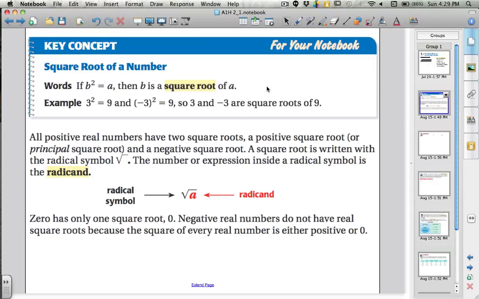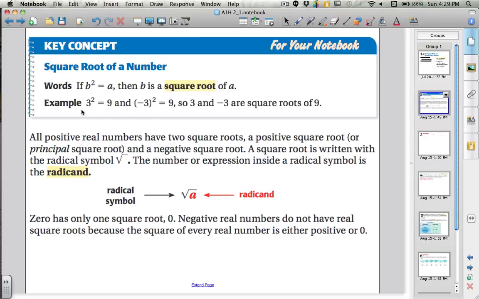As we look forward into what a square root is, the definition that they're providing here in the book is: if b squared is equal to a, then b is a square root of a.